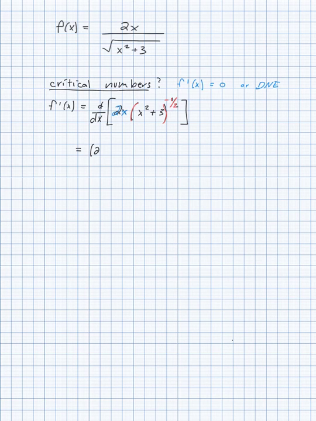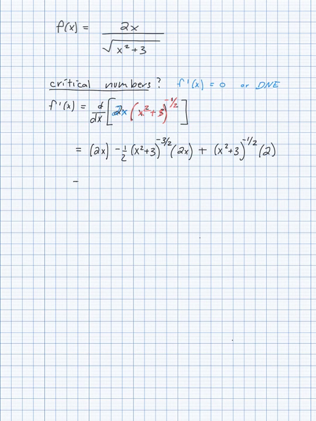So the first is 2x, and the derivative of the second is -1/2 times x squared plus 3 raised to the -3 over 2. And then I have to take the derivative of the inside, x squared plus 3. So the derivative of that is 2x. And then for the product rule, I have the second term unchanged times the derivative of the first term, 2x, so the derivative is just 2.